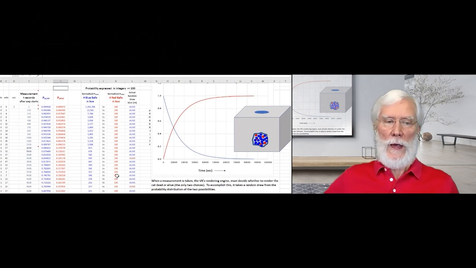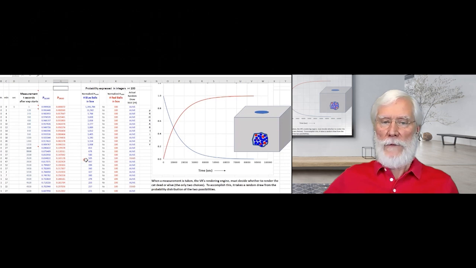So if in 1 hour and 7 minutes, I jerk open the door and look, 300 balls are blue, 100 balls are red. I take that random draw, and that cat is likely to be alive, but might be dead. I mean, look up here at 42 seconds, just 42 seconds.